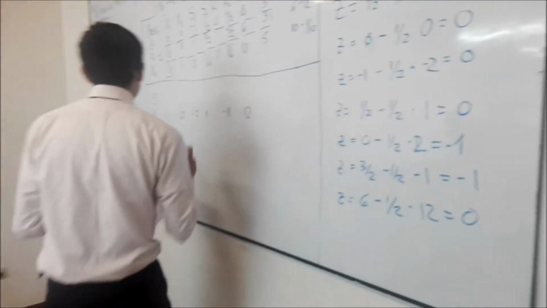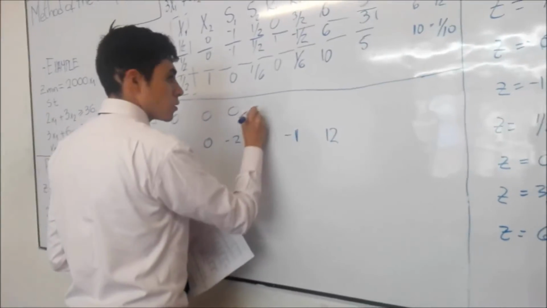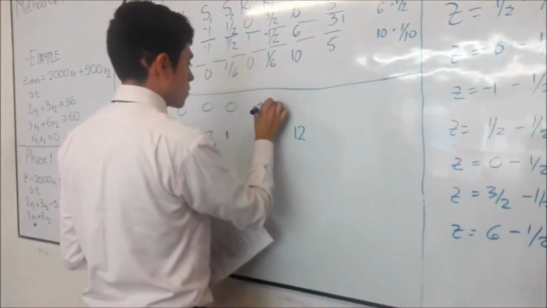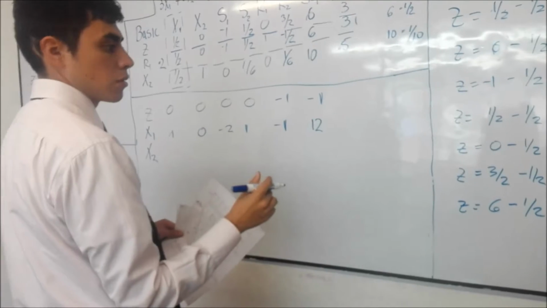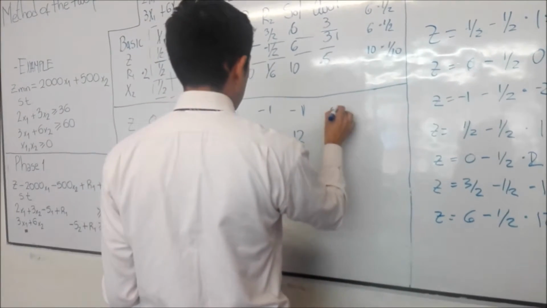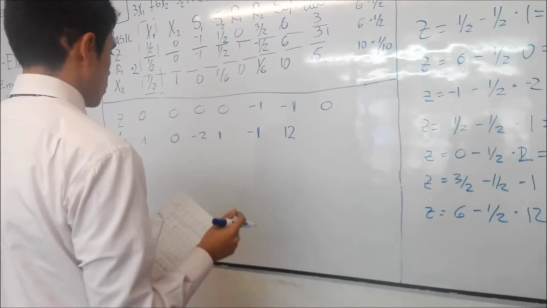The results are: x1 is 0, x2 is 0, s1 is 0, and s2 is 0, r1 is minus 1, r2 is minus 1, and solution is 0.